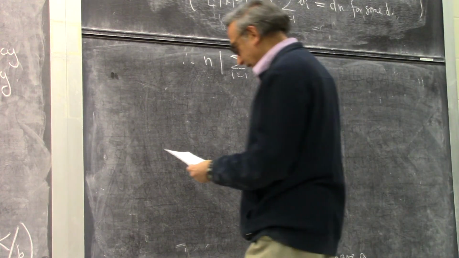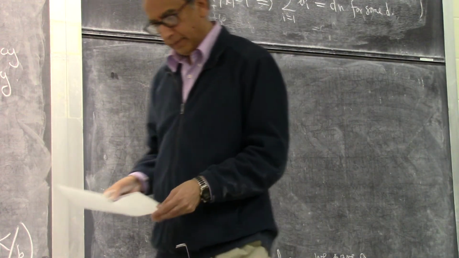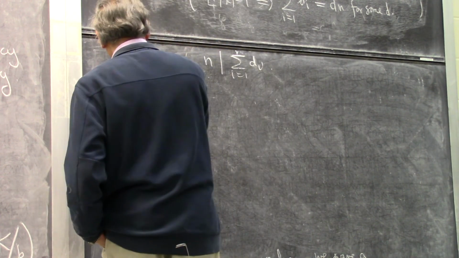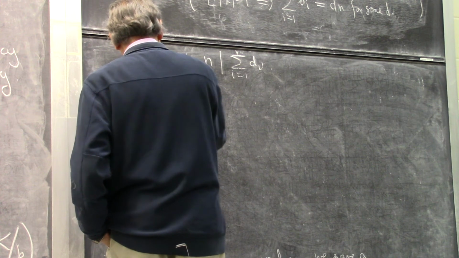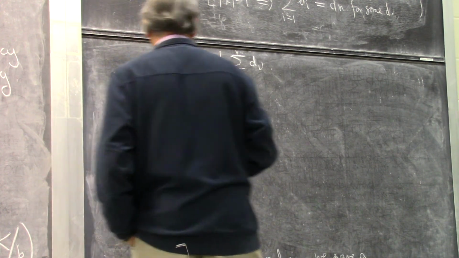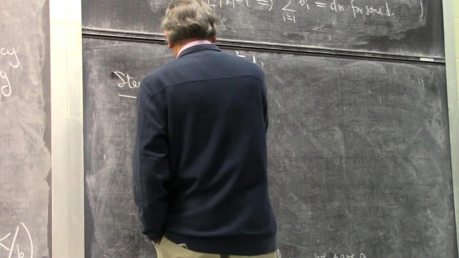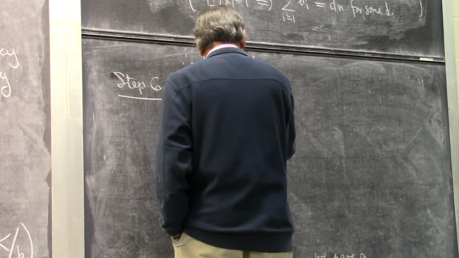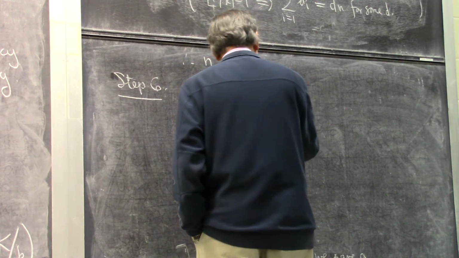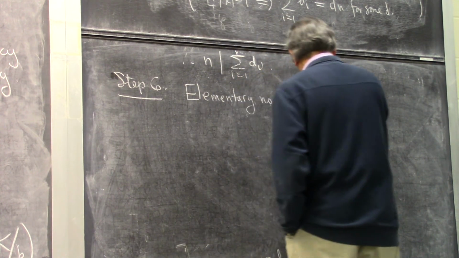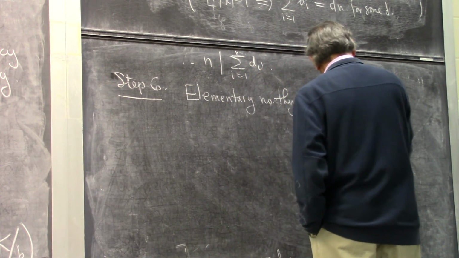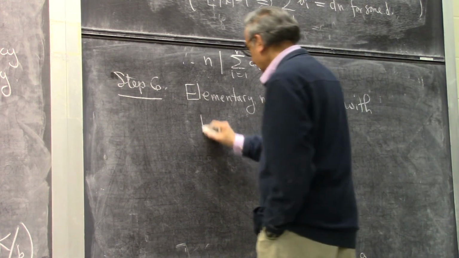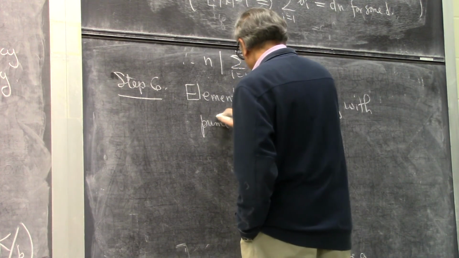Now there's a little bunch of elements of elementary number theory, so let me just introduce that here as F6. Elementary number theory dealing with prime divisors of cyclotomic polynomials.